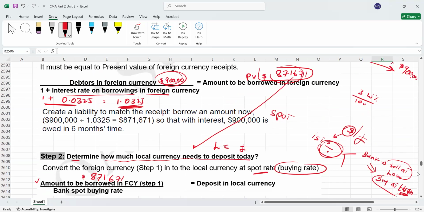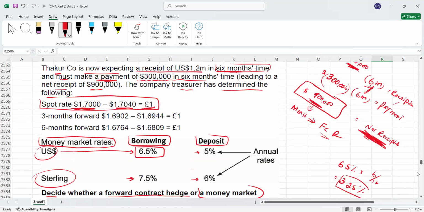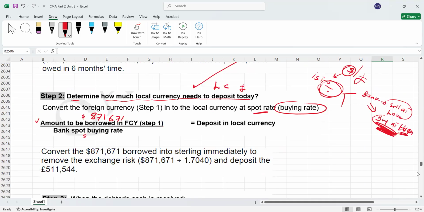Because this dollar, I have dollar in my hands now, and I want to sell the dollar. Obviously, bank will buy at high. Okay, so high rate is which one from here? If you check from the spot, this is the high rate, not this one, this one. So this rate I'll divide, 1.7040. So divided by dollar 1.7040. If I'll divide, so I'll get deposit in the local currency, and this deposit is going to be pounds 511,544.